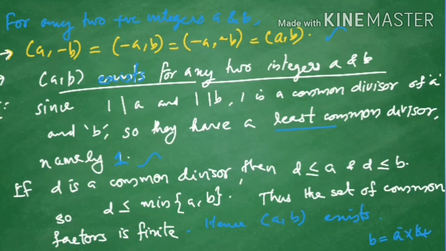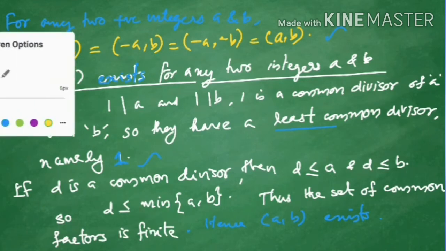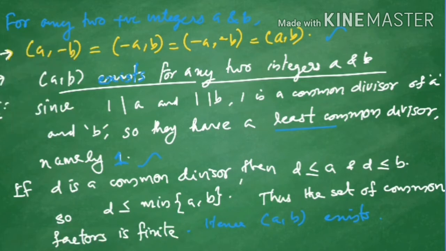So A is always less than or equal to B. That means if D is a common divisor of both A and B, then D must be less than or equal to the minimum of A, B.